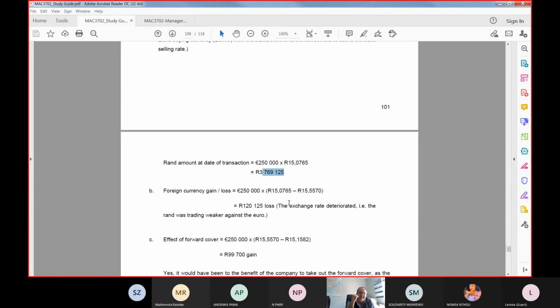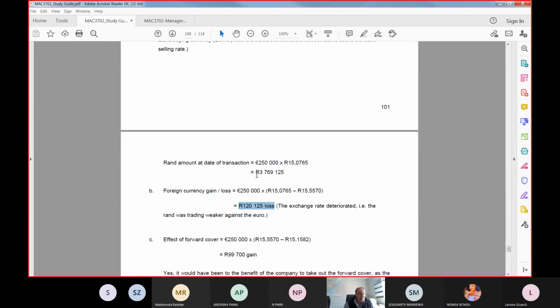So you can imagine debit stock 3,769,125, credit liability 3,769,125. When you pay at the date of payment, you debit liability 120,000 and debit forex loss in the income statement 120,000.